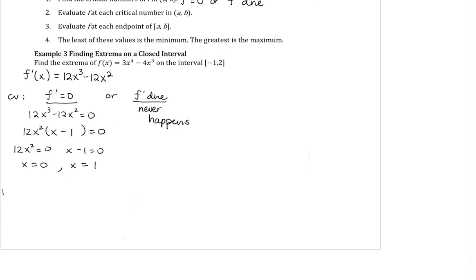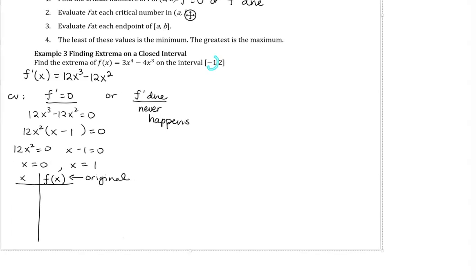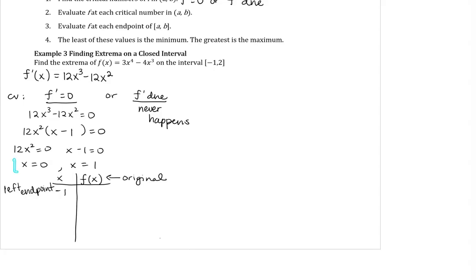So now I am going to make a table, and in this table, I am going to be plugging my x values into the original function f. And the x values that we are going to use are going to be the left endpoint of -1, the critical values of 0 and 1, and the right endpoint of 2.